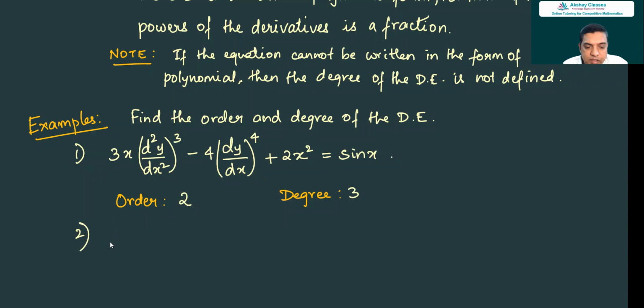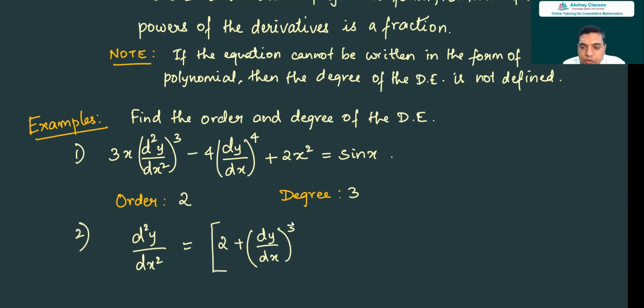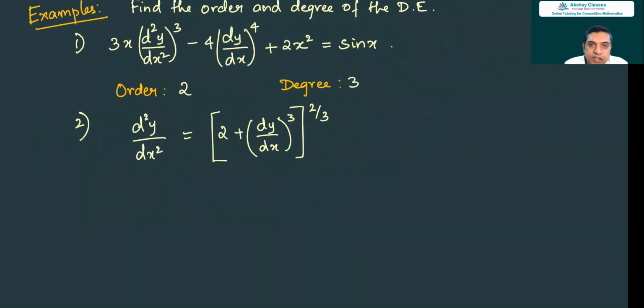Okay, good. Next, d square y by dx square is equal to 2 plus dy by dx the whole cube, whole to the power 2 by 3. Tell me the order and the degree of this differential equation.